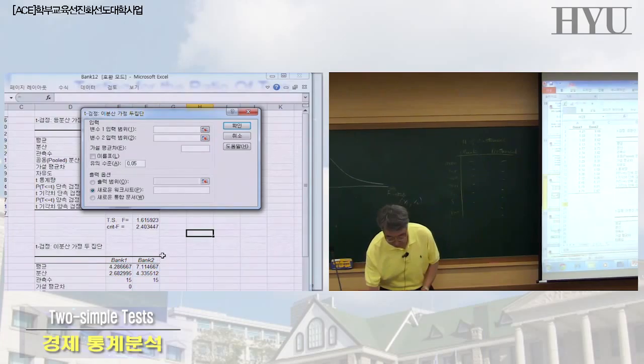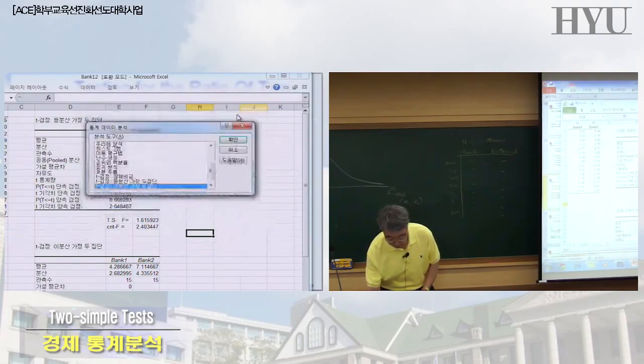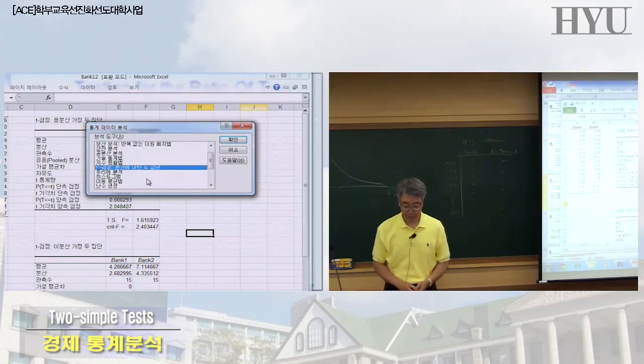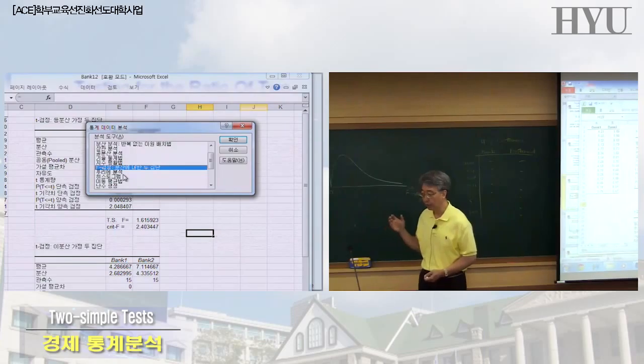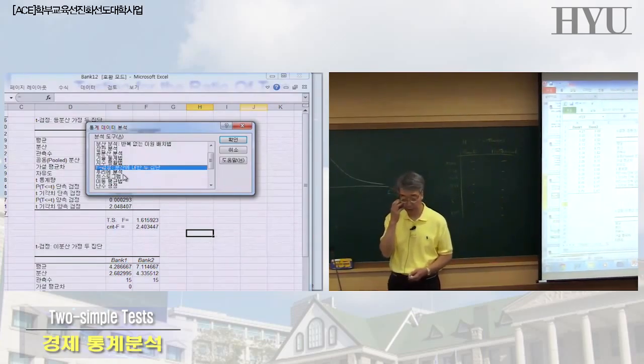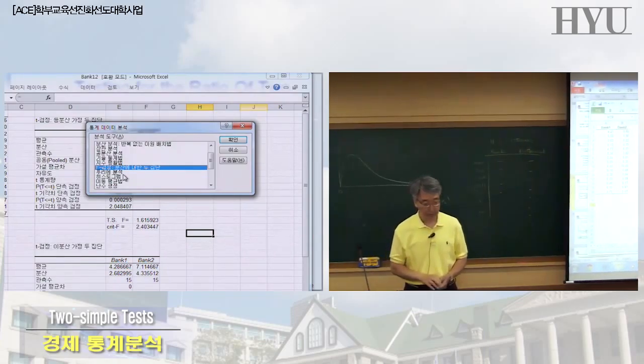Before I forget, let me mention this. If you go to data analysis and look at the choices, there is F-test. However, this F-test is different from what we use here, so do not use this function in Excel for our purpose.